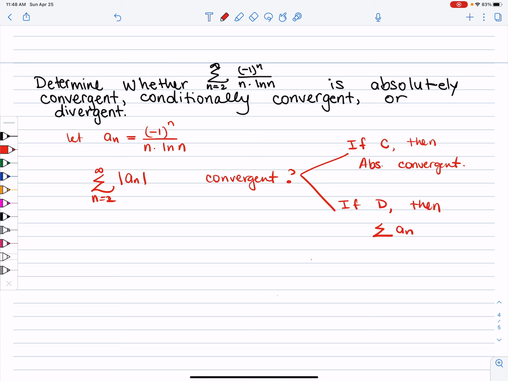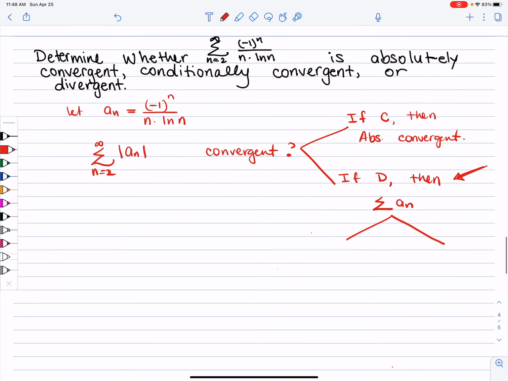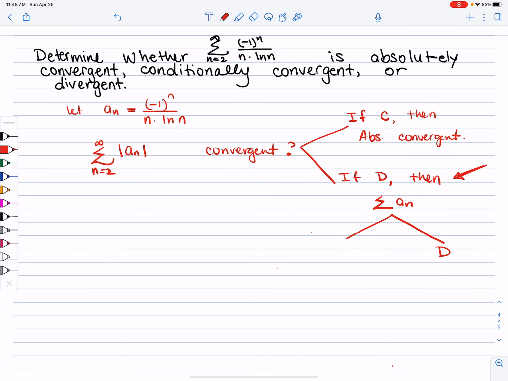divergent. So if the series in absolute value is divergent, so we're talking about this second scenario here, then we have to go back to the original problem. If the original problem is divergent, then the series is divergent.